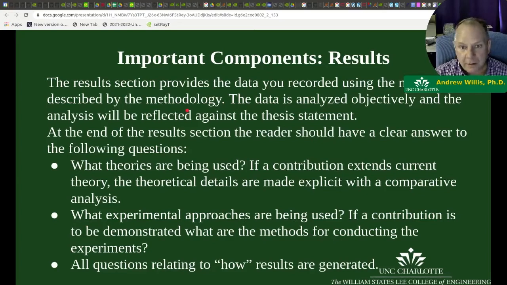And you do comparative analysis. So for example, say you were extending some theory, you could say, well, the theory covers this, but see all of these additional pieces of information are unexplained, or do not fall into the application of this theory.